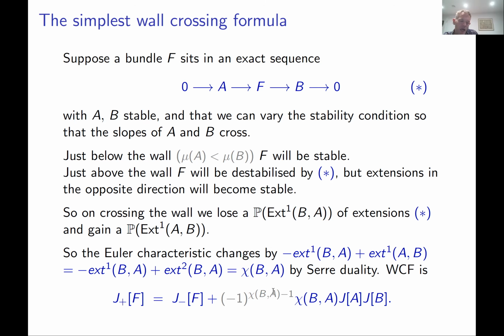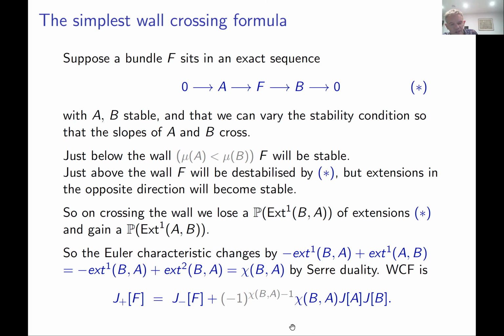And then there's higher order wall crossing formulae. So this wall crossing came from essentially a filtration of F with one piece, just an A in there, and then B was the quotient. But you can have much longer filtrations with N pieces. So you could have an A1 and A2 and so on, all nested, all sat inside each other, and sat inside F. In other words, your F can split into a whole direct sum of many pieces. So the graded pieces of this filtration.